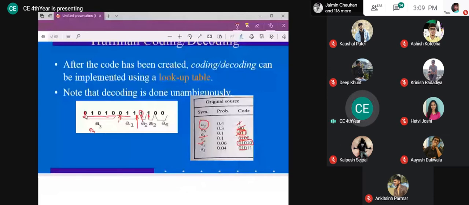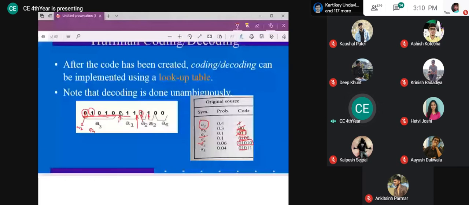So this will be detected as A2, this will also be detected as A2, and this will be detected as something like 0 1 0 0, so it will be detected as A4, and so on. Then again A2, A2, and so on. So just a 1-bit error can ruin your total message, and that is the problem with Huffman coding. A single bit error can ruin your entire message. I hope you can understand that.